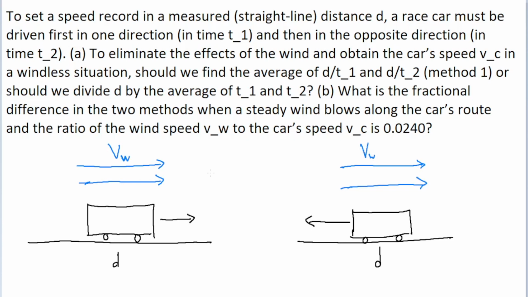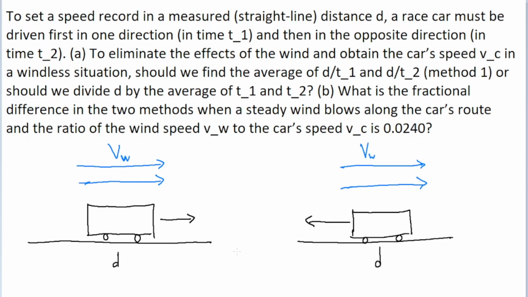And if we assume that the direction and speed of the wind is not changing, then that means that as the car is traveling down one direction, the wind is helping the car, basically pushing the car further along its motion, increasing the car's speed beyond what it would have been in a windless situation. But while the car is traveling the other way, it's fighting against the wind, so the speed of the wind is pushing against the car's speed.